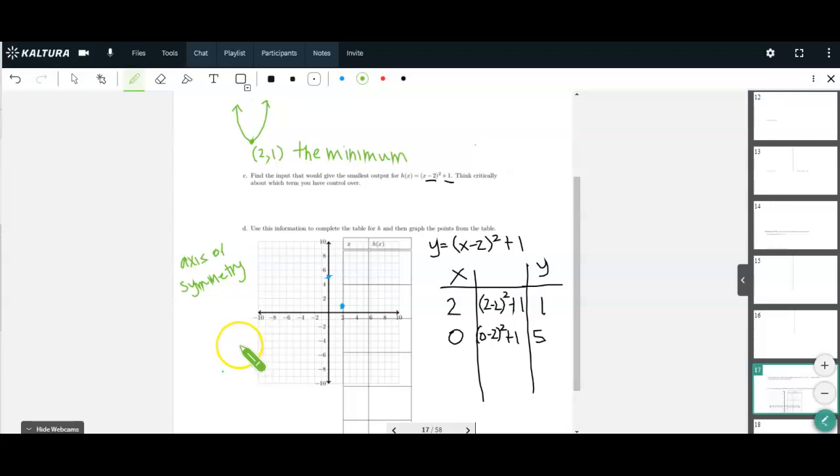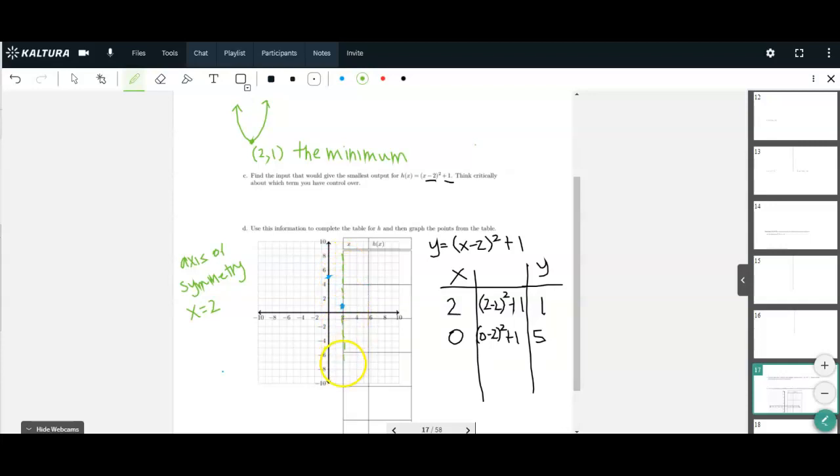So we know that the axis of symmetry is always at whatever the x-coordinate of our vertex is. So our axis of symmetry is x equals 2. The line x equals 2. And that's this line right here. So I'll put that dotted line in.